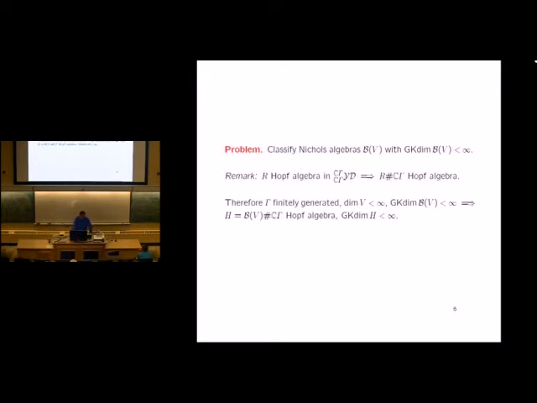At least this contributes to the previous problem, because if you have any Hopf algebra, then you can take the semi-direct product called the bosonization, and then this bosonization will be a usual Hopf algebra. And if gamma is a finitely generated abelian group and the dimension of V is finite, and if the Gelfand-Kirillov dimension of B of V is finite, then the Gelfand-Kirillov dimension of this bosonization will also be finite. So at least you find many new examples of such Hopf algebras.